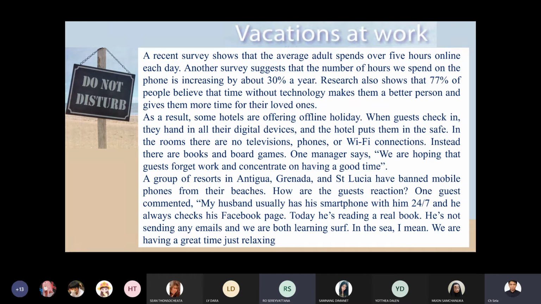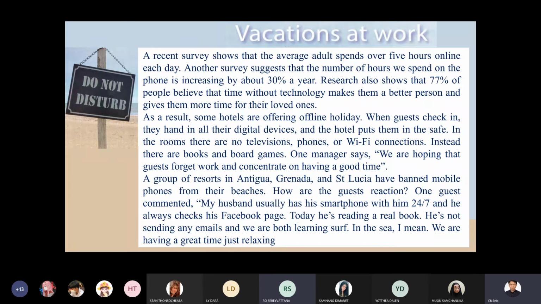In the room, there's no television, phone, or Wi-Fi connection. Instead, there are books and board games. One manager said, "We are hoping that guests forget work and concentrate on having a good time."